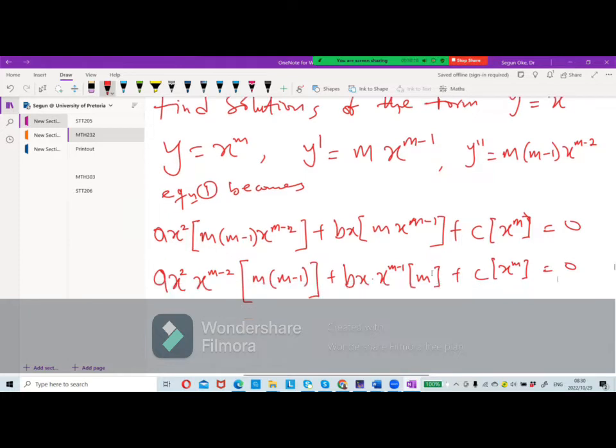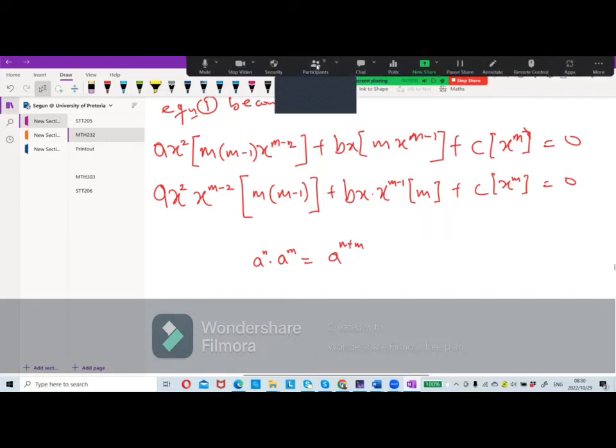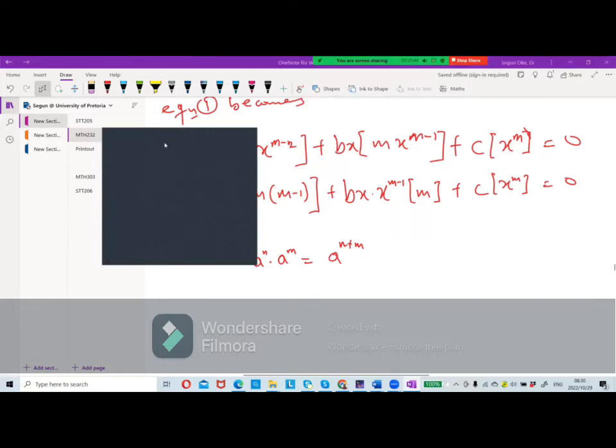Now, you agree with me that anytime you have a raised to power n multiplied by a raised to power m, it is the same thing as a raised to power n plus m, yes, Olatunji? You are raising up your hand, Tolulope. We can't hear you, please, if you are talking.